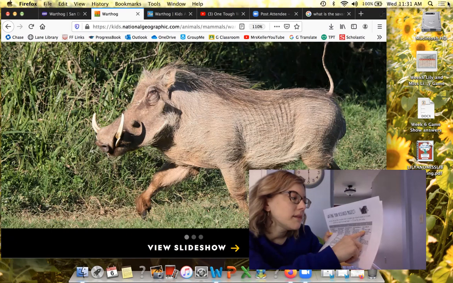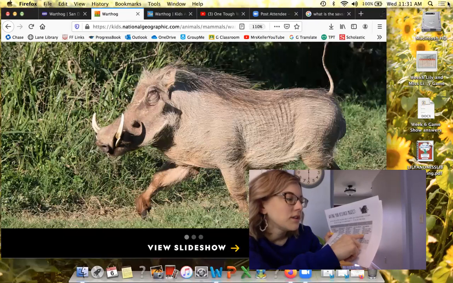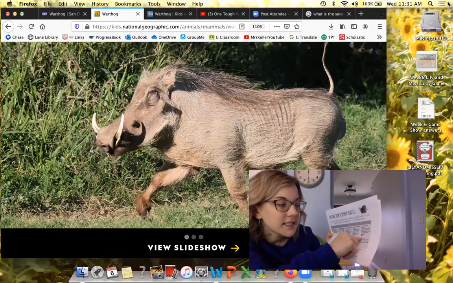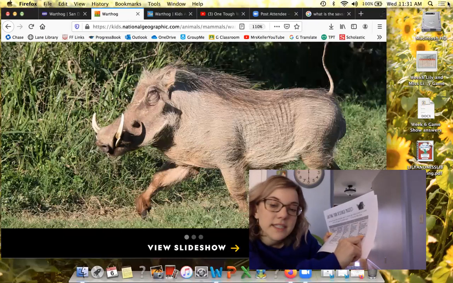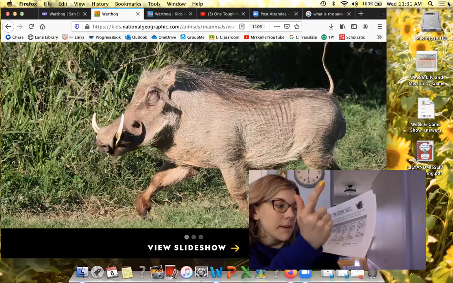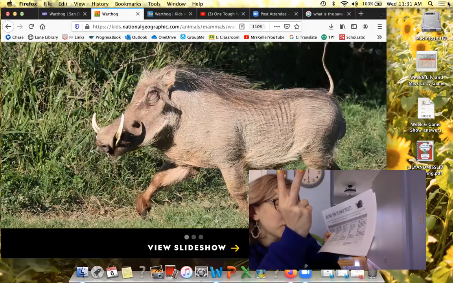You've written 3 complete sentences using appropriate capital letters and punctuation for each of the subtopics listed below: appearance, habitat, diet, and interesting facts. You also have these components of your book: a table of contents, page numbers, a labeled diagram of your animal, and a cover page.